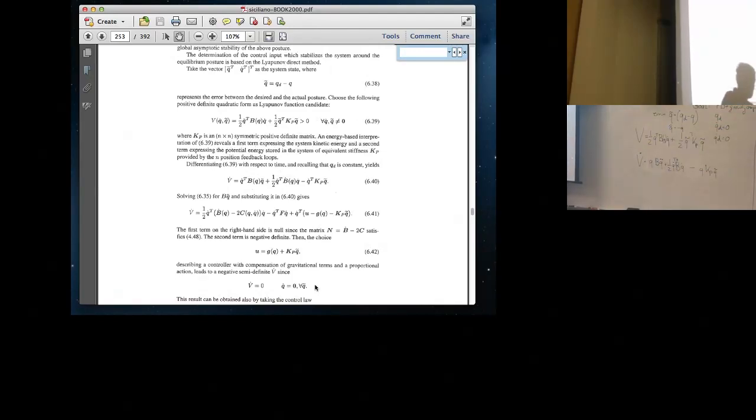And the next thing we've got to do is plug in our knowledge of Q double dot. Q double dot comes from the equations of motion, so it's always the same game. And we actually know that B Q double dot has to be, what is the use for motor command? U minus, and he uses little g. Fine, I can use little g as well.